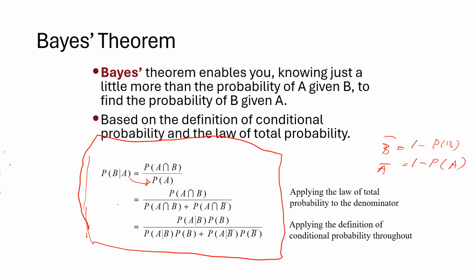Applying the law of total probability to the denominator, this is how we can write it, and finally applying the definition of conditional probability throughout. Then Bayes' theorem explains that, knowing just a little more than the probability of A given B, we can find the probability of B given A. Actually, I am not going to test Bayes' theorem at the examination, but for your knowledge you have to understand well what Bayes' theorem is.